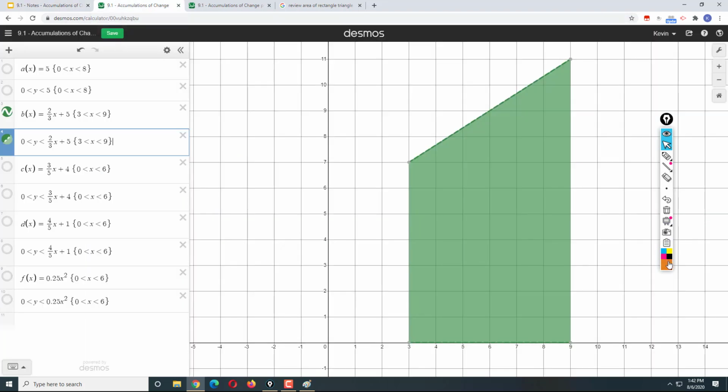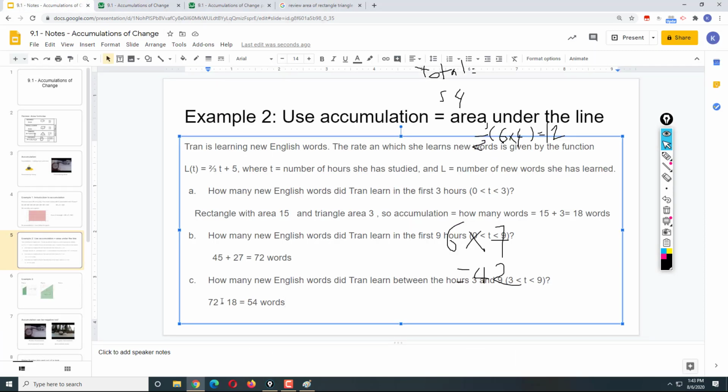We can still do the area of the graph from x equals 3 to x equals 9. If we do that, the area of the rectangle is 6 times 7, which is 42. The area of the triangle is 1/2 of 6 times 4, which is 12. So the total would be 54. Okay, if we go back, see, 54.